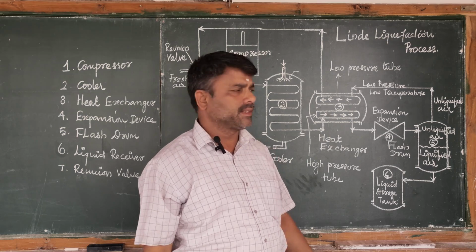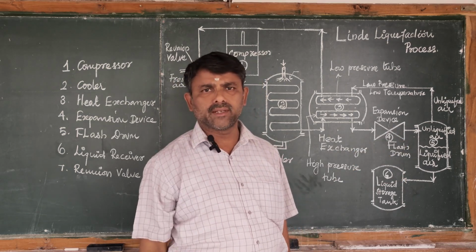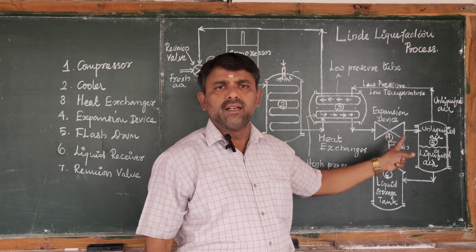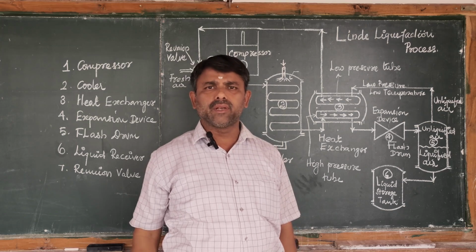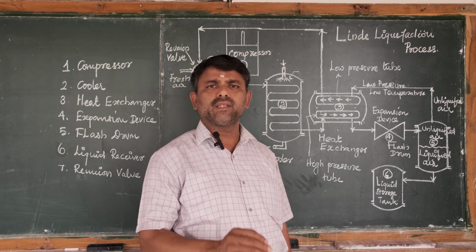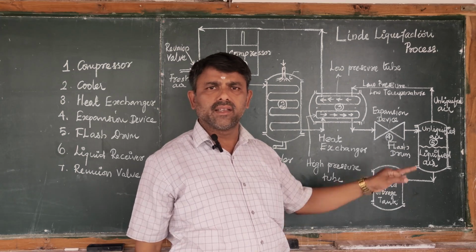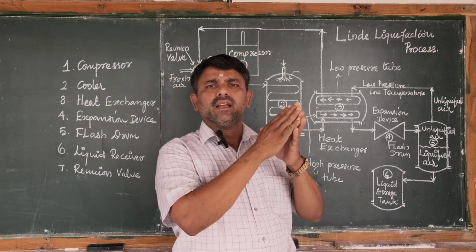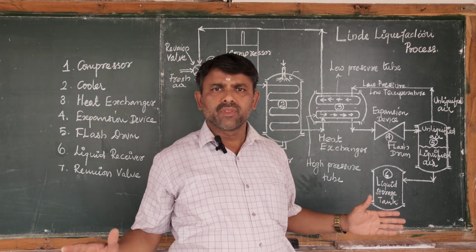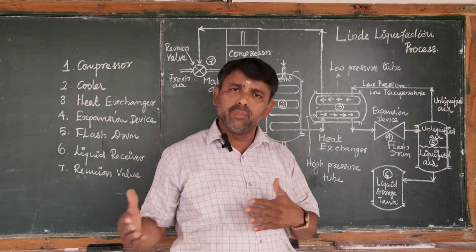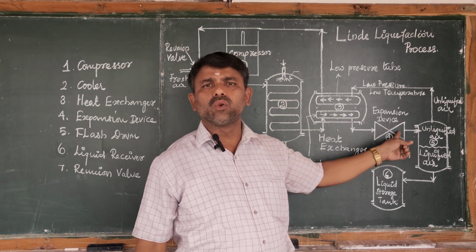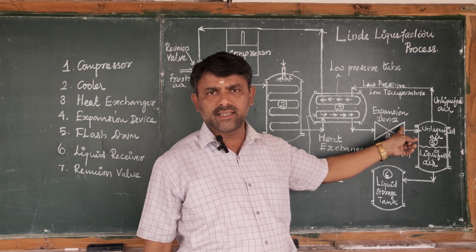Due to sudden expansion, the temperature of air decreases drastically, below the critical temperature of air, minus 140 degrees Celsius. Hence the air is liquefied in the divergent section.